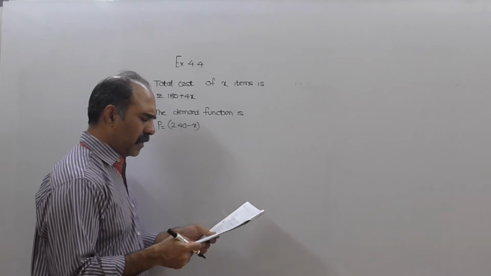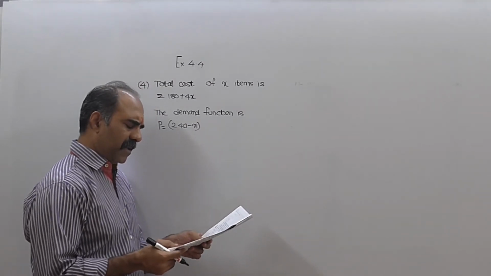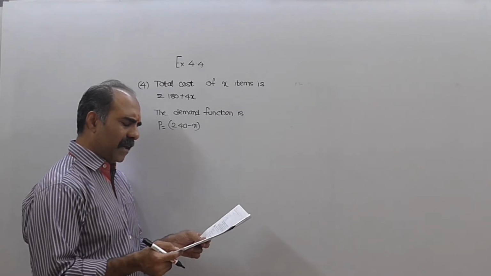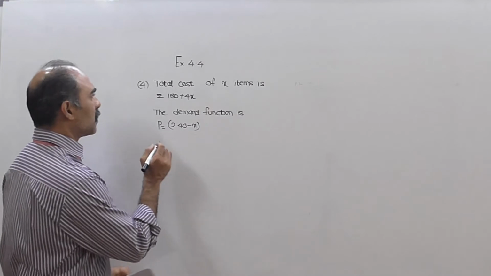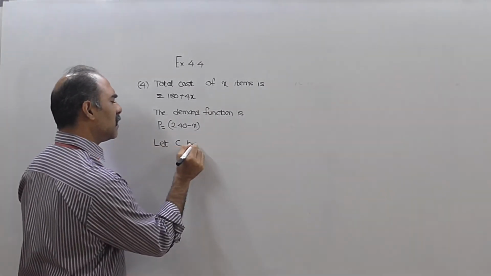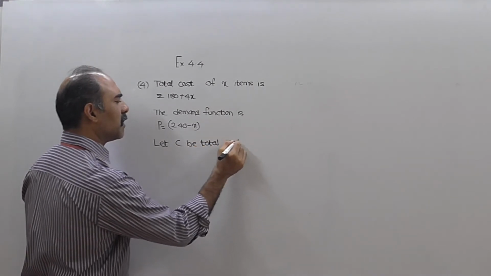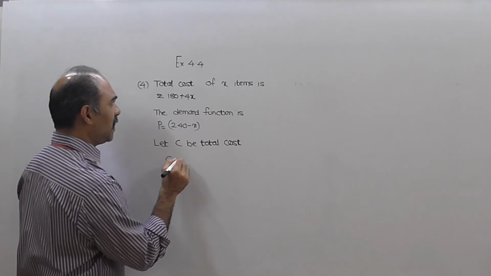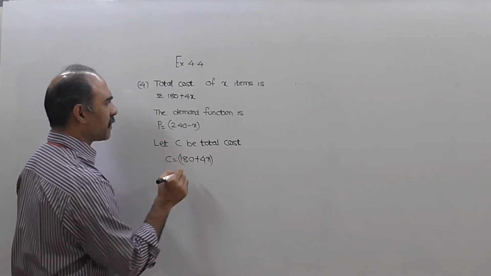The question number 4 says that a manufacturing company produces x items at a total cost of 180 plus 4x. So I will assume that let C be the total cost. So they have given that C equal to 180 plus 4x.